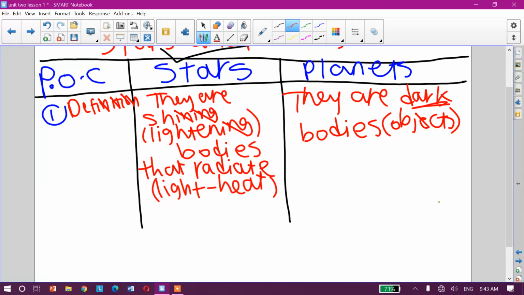All right, so now I have defined stars and the planets. Okay, let's see the second point of comparison. According to what? According to movement. Yes.